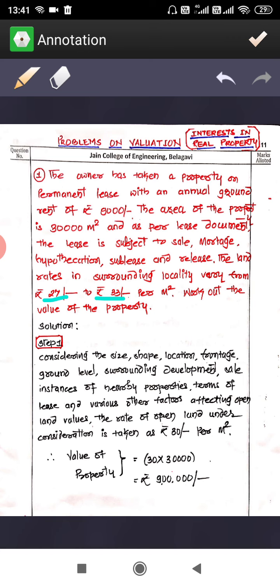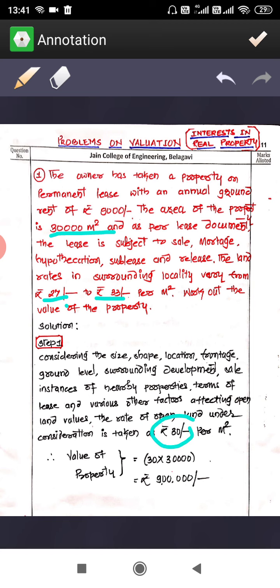So the first and foremost thing I'm going to do is this: as per the document, they have given the area of the property as 30,000 meters square, and the rate I have taken is 30.